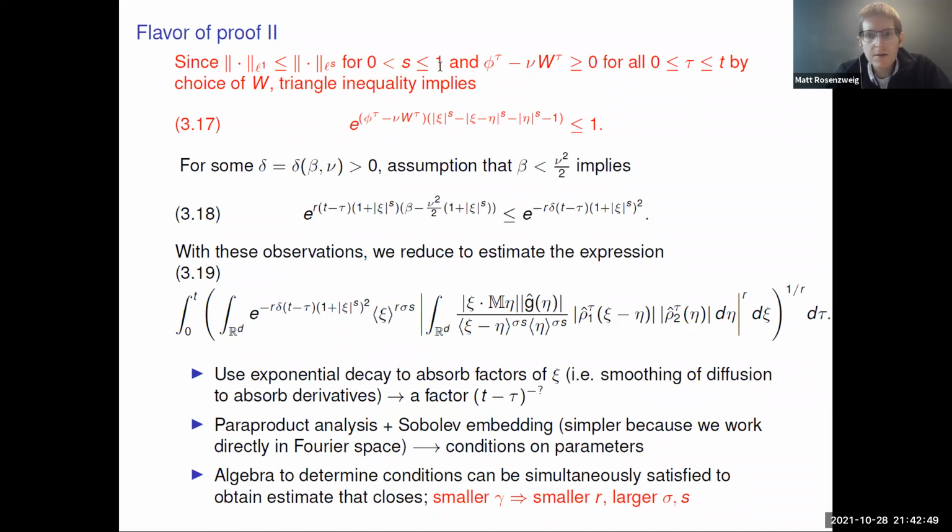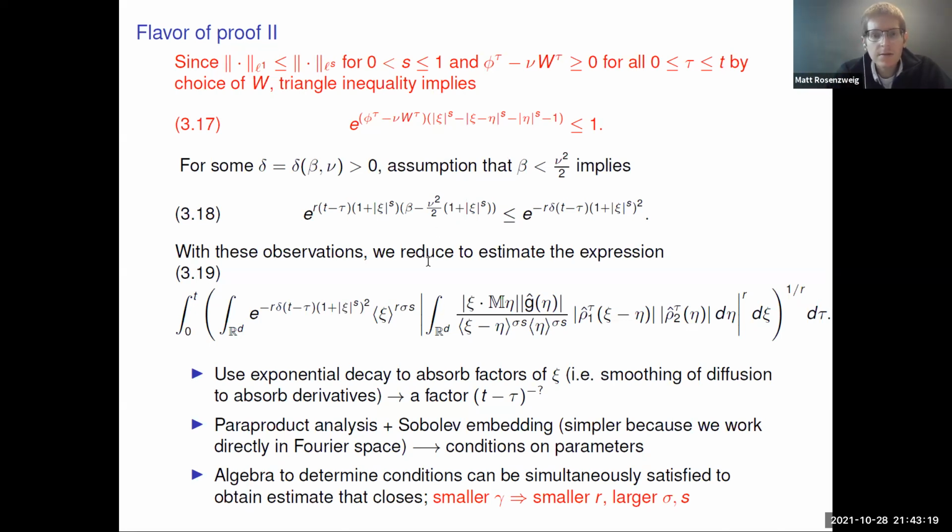Well, because I'm always assuming that s is less than or equal to 1, and then I'm assuming that my path is staying below this linear function, Pt, by choice of my realization, I can show that this exponent in the exponential is less than or equal to 0. And so then I can just bound this exponential factor by 1 and throw it away. Okay, this is a consequence of the fact that I'm working directly in Fourier space, and I have a good realization of the Brownian motion.